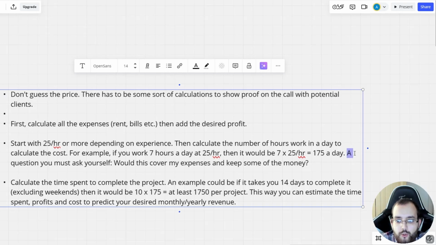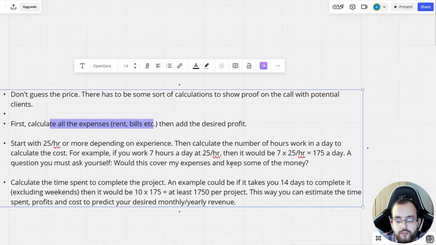And then a question that you must ask yourself: would this cover my expenses and keep some of the money? This means, would my prices be able to cover all the expenses that I mentioned?